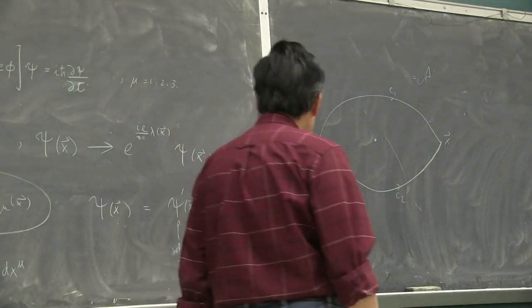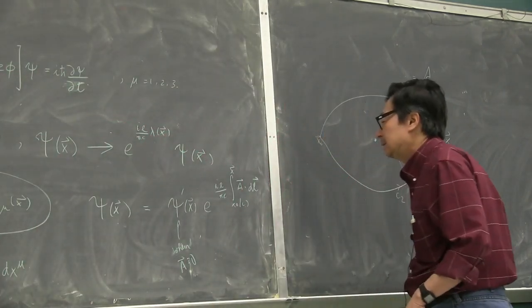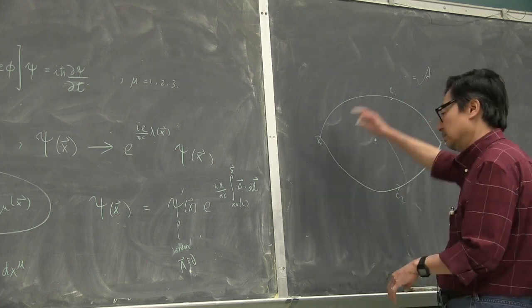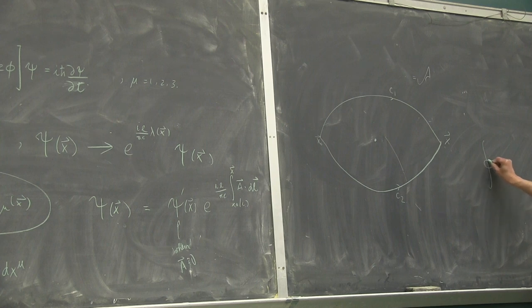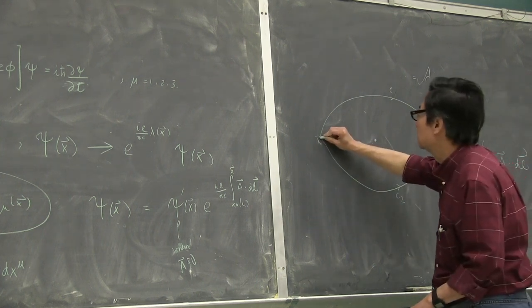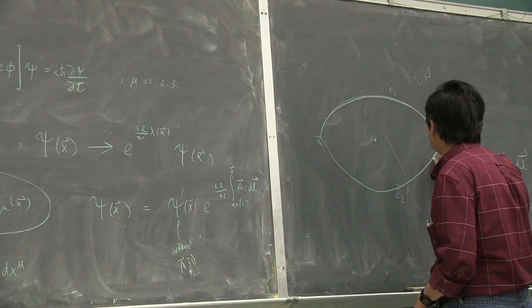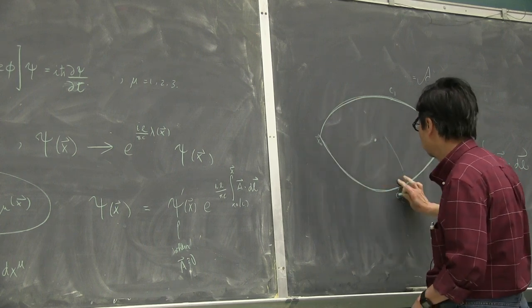So now first of all, let me try to do a loop integral of A dot dl. For example, I may consider this loop going like so.